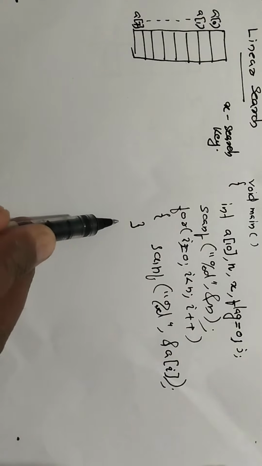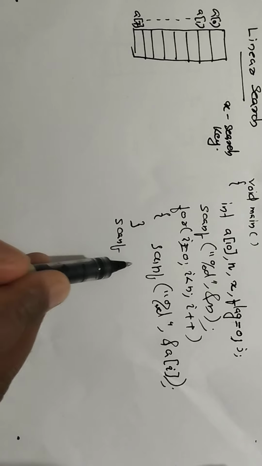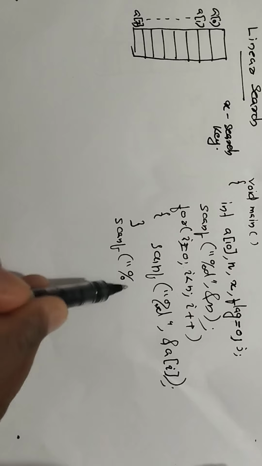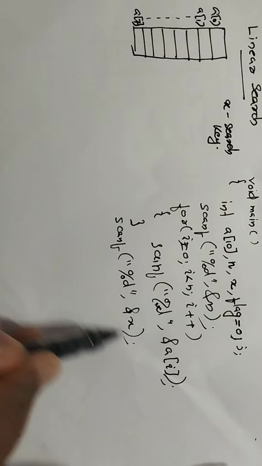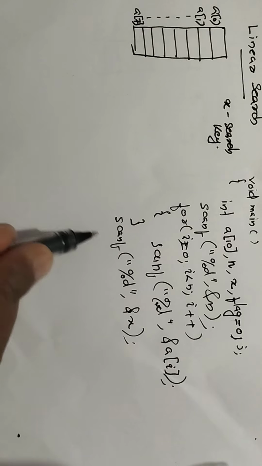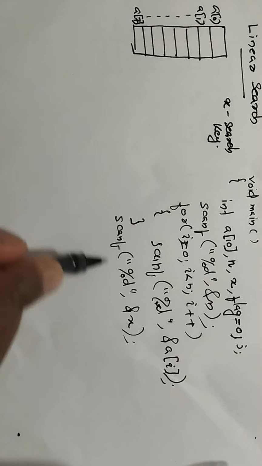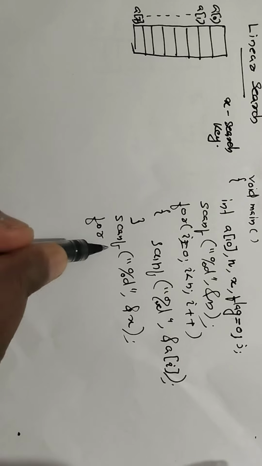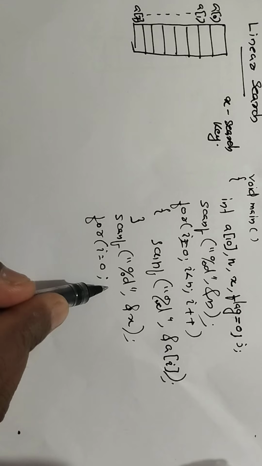After that we need to read one more element, that is the search key, x. So we read the x value, and next we are going to find out whether this is present in the array or not. For that we need to traverse the array from beginning to end.